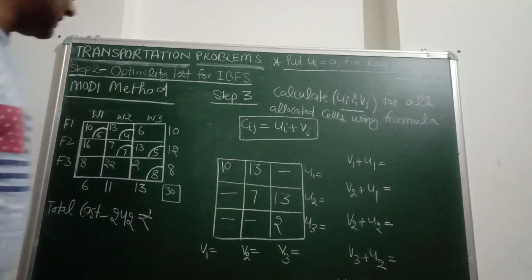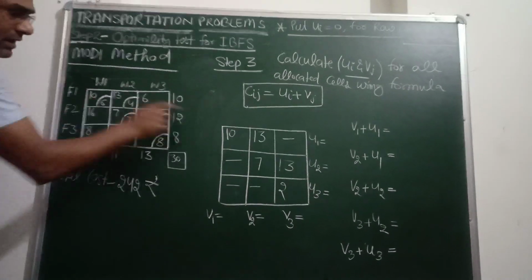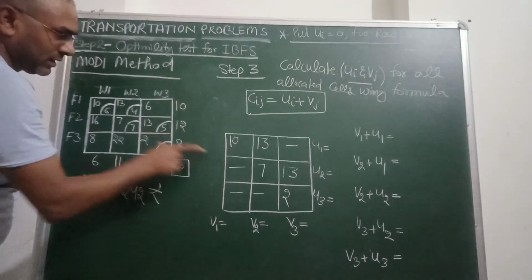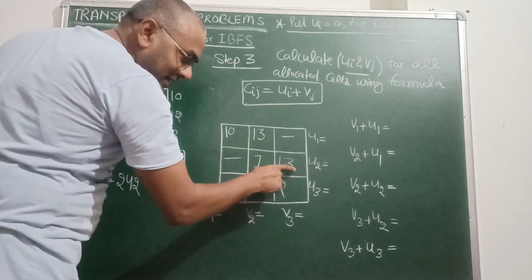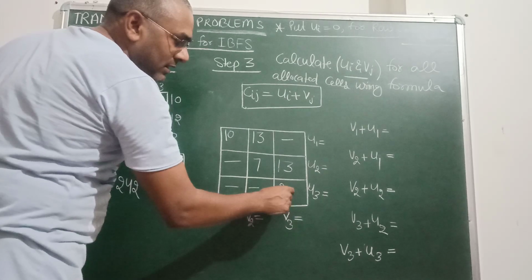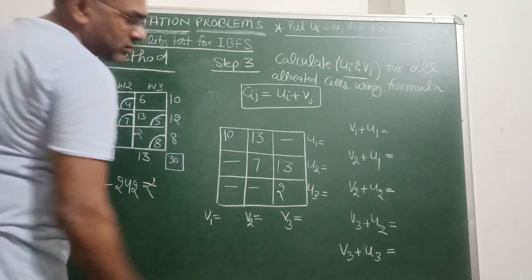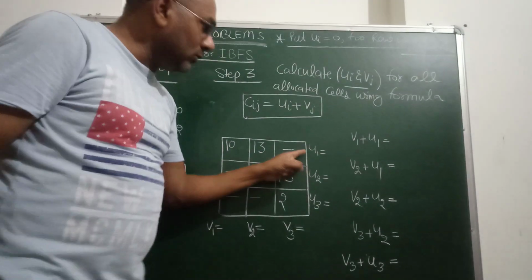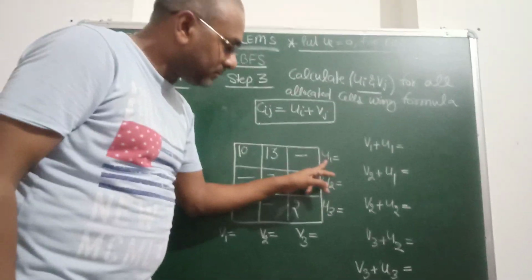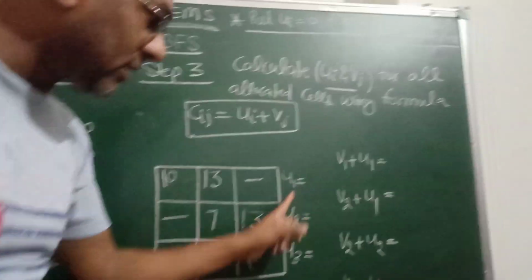In this case, we have written the values of Cij here from the basic table. In this row there are 2 allocations, similarly here also there are 2 allocations, and here is 1 allocation. So the principle says to set u of the row which has the maximum allocations equal to 0.